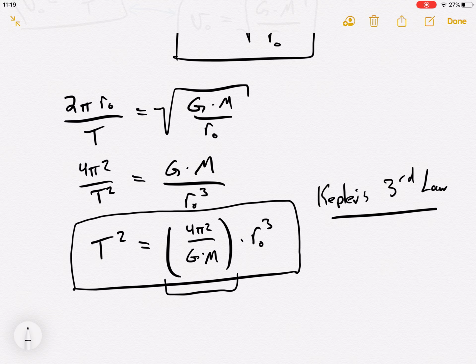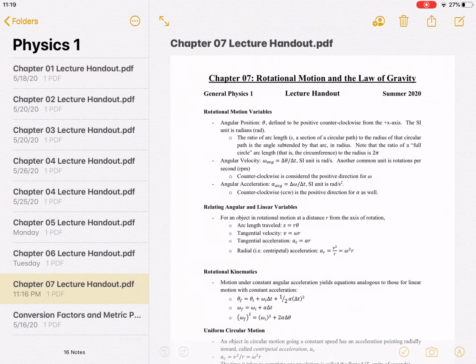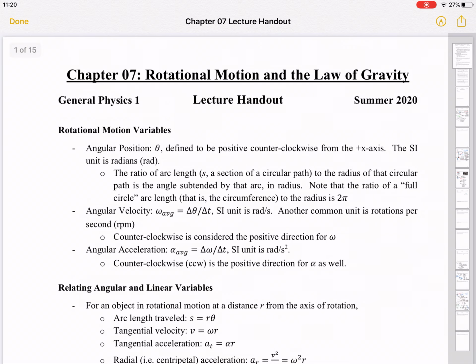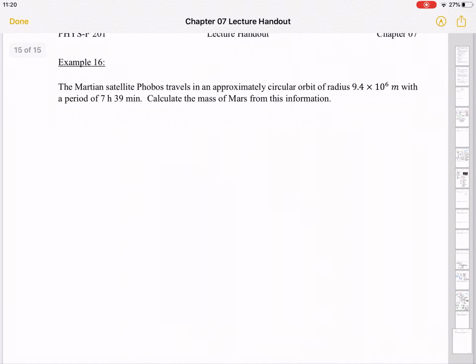Okay, so let's do an example real quick. This is example number 16. The Martian satellite Phobos travels in an approximately circular orbit of 9.4 times 10 to the 6 meters with a period of 7 hours and 39 minutes. Can we get the mass of Mars from this information?